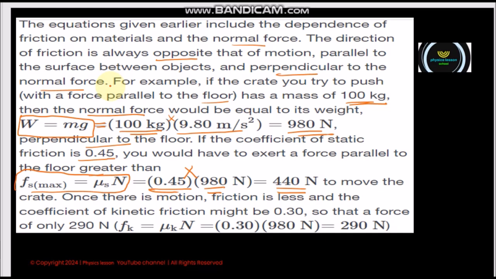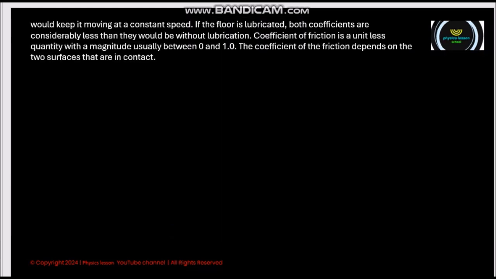Once there is motion, friction is less and the coefficient of kinetic friction might be 0.30, so that a force of only 290 N, Fk equals μk n equals 0.30 times 980 N, equals 290 N, would keep it moving at a constant speed. If the floor is lubricated, both coefficients are considerably less than they would be without lubrication.